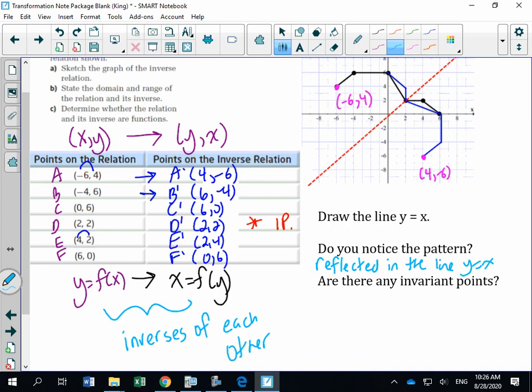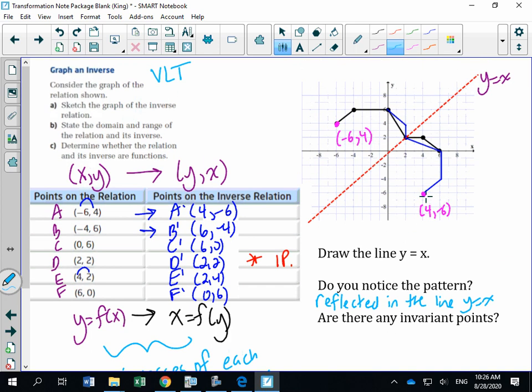And are there any invariant points? What I want you to key in on is this point right here. If your original graph cuts through the line y is equal to x, your inverse graph will also have a point on that line, that exact same point.